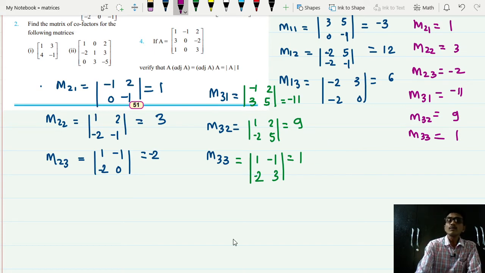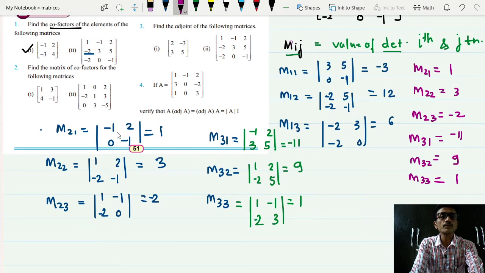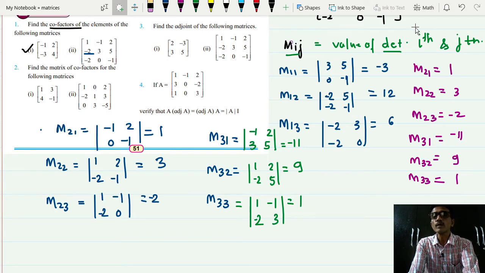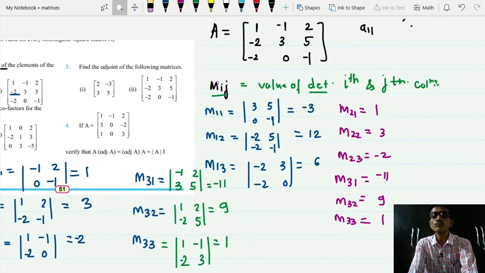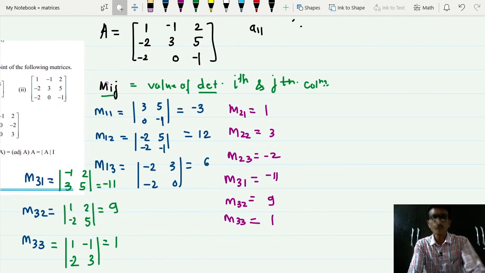Now we will find cofactors. So how to get cofactors of this element? We use a formula.